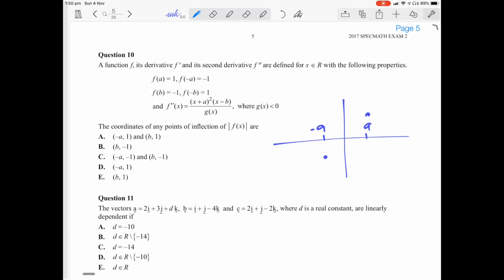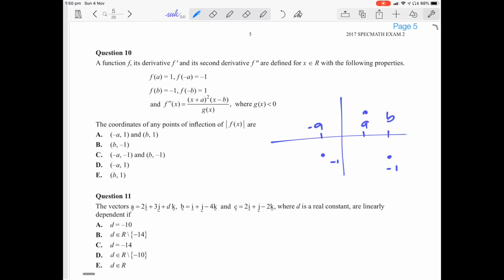F of b is negative 1. Do we know anything about a and b? Okay, let's say f of b is negative 1. F of negative b is positive 1.